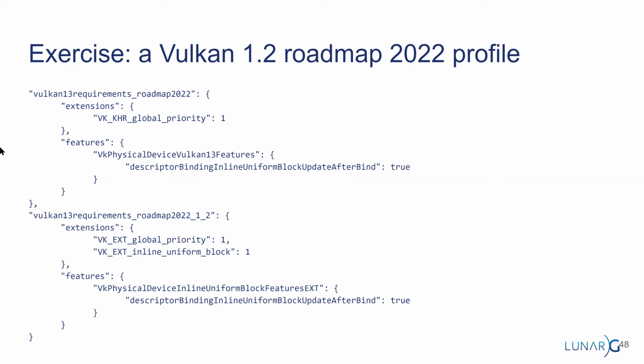So for example, the approach: Vulkan 1.3 is basically moving some extensions to core functionality. So instead of specifying the roadmap 2022 profile using the core features and core structures, what we can do is use the extensions, and that's what we are going to do.